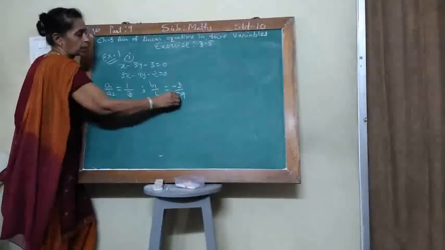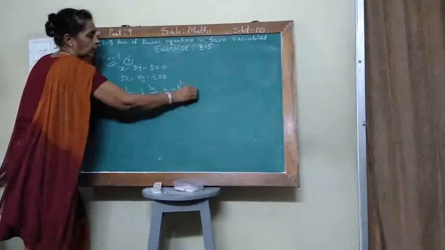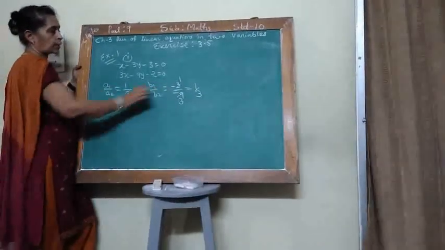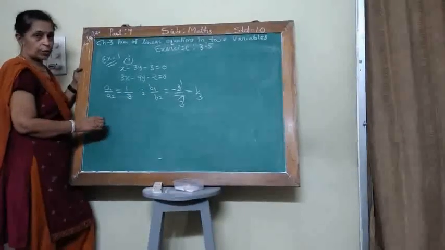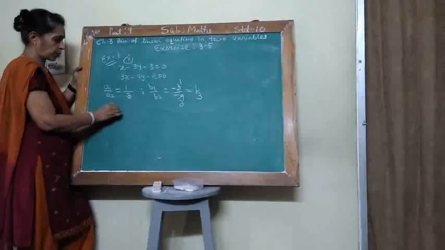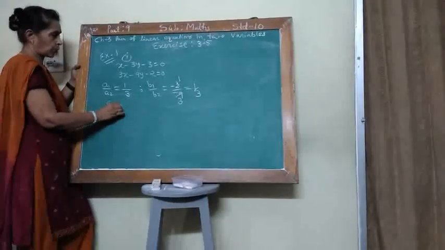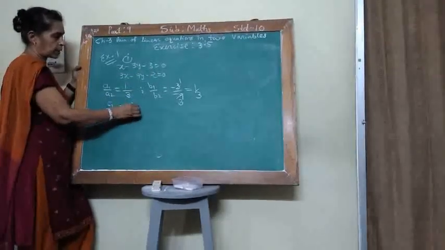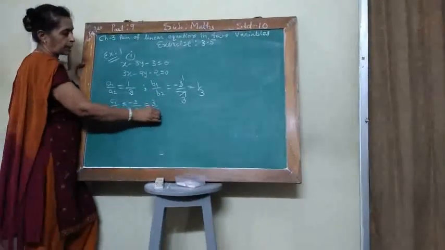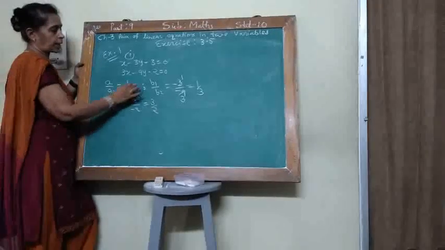Minus minus plus, 3 threes are 9, so I get 1 upon 3. And see, both ratios are equal. Now I find the third ratio, c1 upon c2. c1 is minus 3, c2 is minus 2. So minus minus plus, and I get 3 upon 2. It is different from both of these.